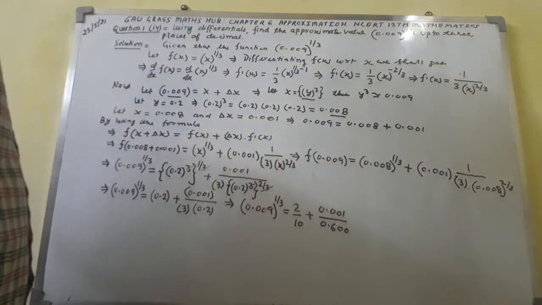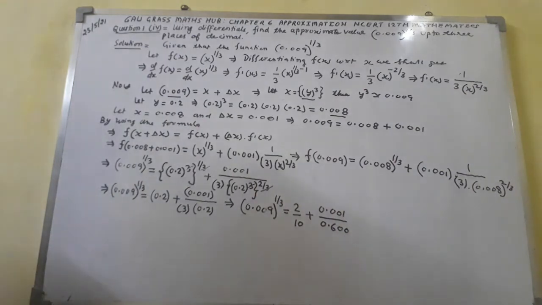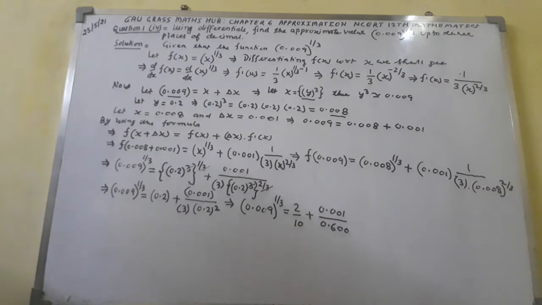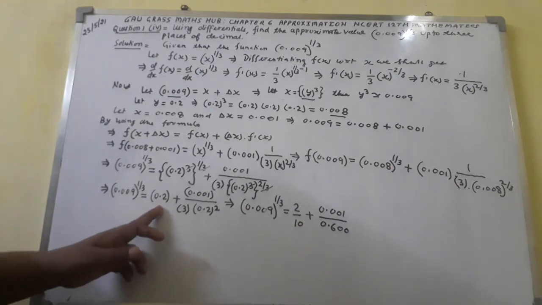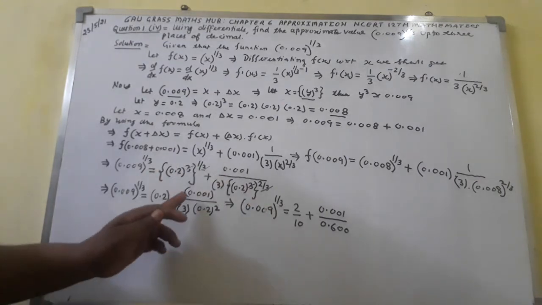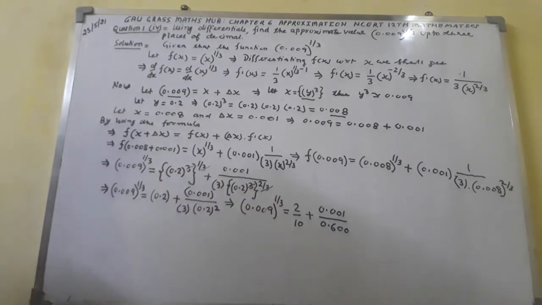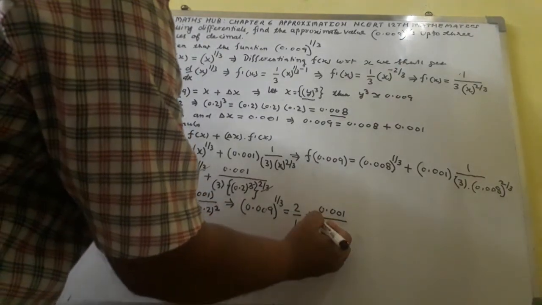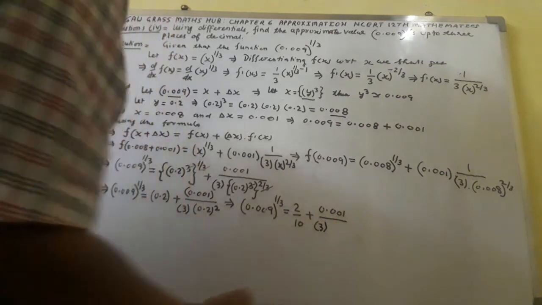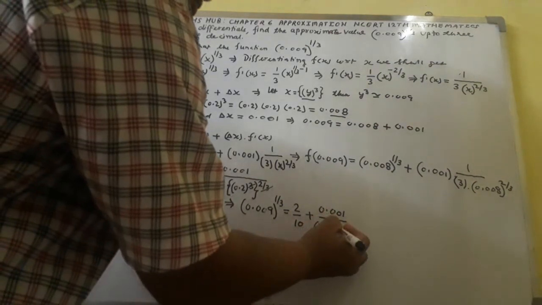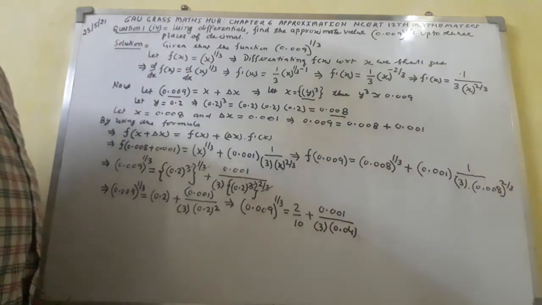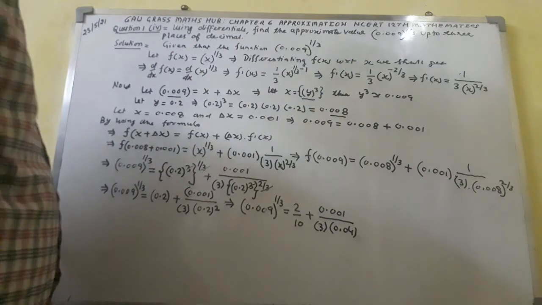So these three will be cancelled, here square will be there. Now I think it is correct. So what to do? 0.2 can be written 2/10, as this one 0.001 over, this will come here 3, here you will get 0.04. This thing you will get.